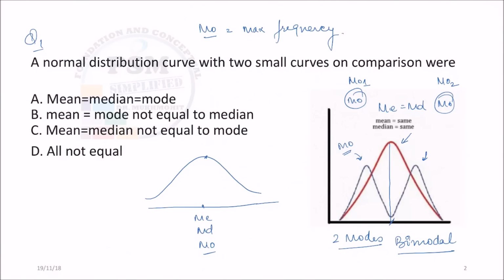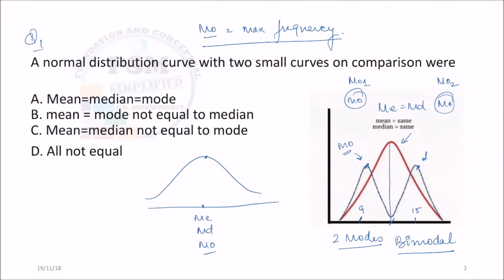If there are two modes, for example in this curve the first mode is, let us say, number 9, and the second mode is number 15, you cannot take an average and say that number 11 or 12 was the maximum frequency. That is wrong mathematically. The maximum frequency was for 9 and 15 equally. So it is bimodal with some mean.